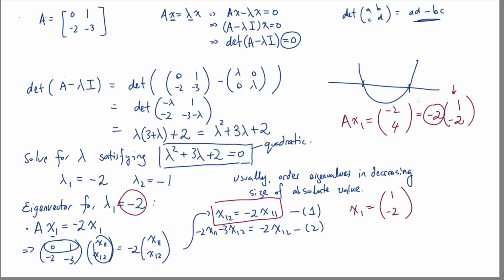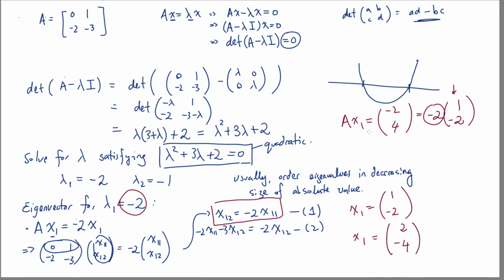And this is precisely the eigenvector. Now, we actually have a bit of a problem here, that I can just pick this arbitrarily, right? I could also have picked x11 to be, say, 2, right? And then in this case, x12 would have to be -4, right? Same thing.